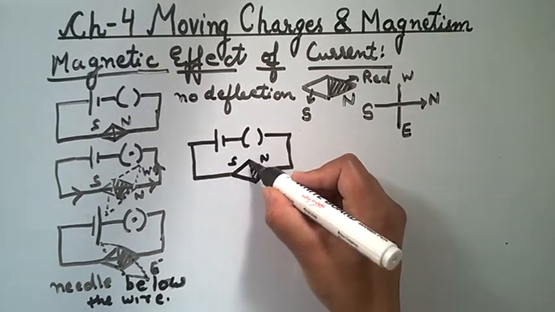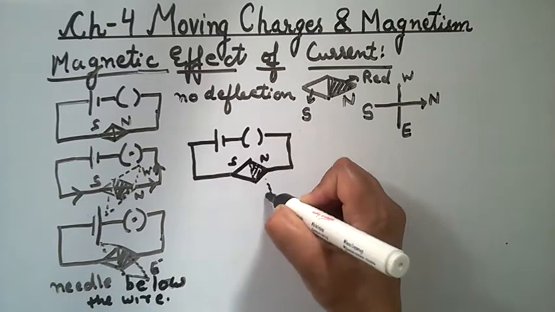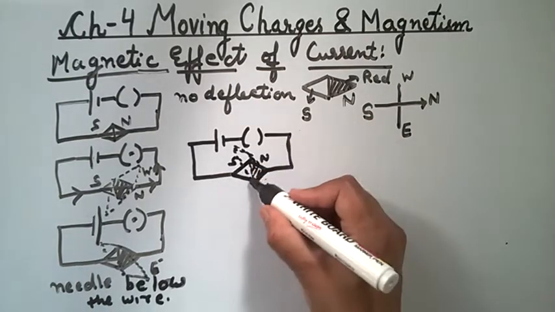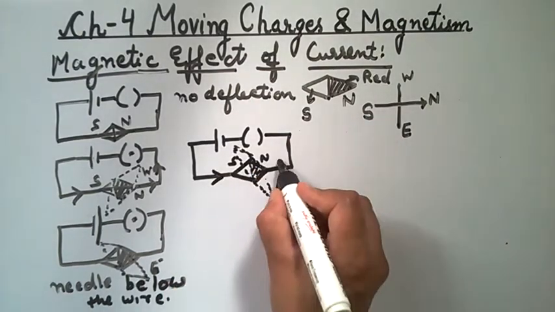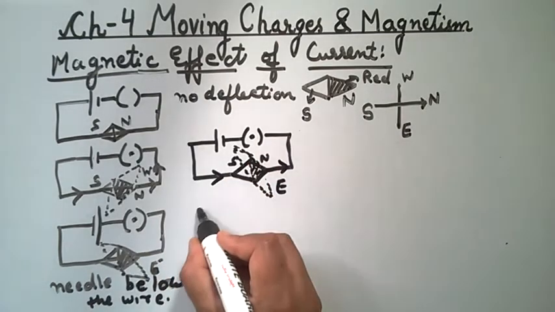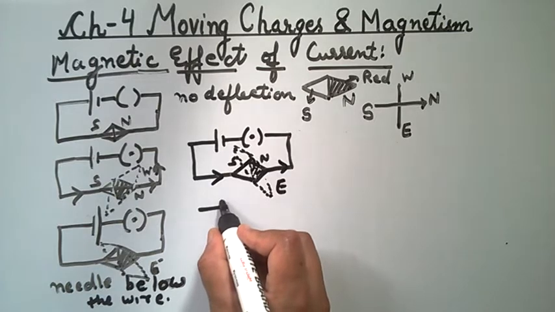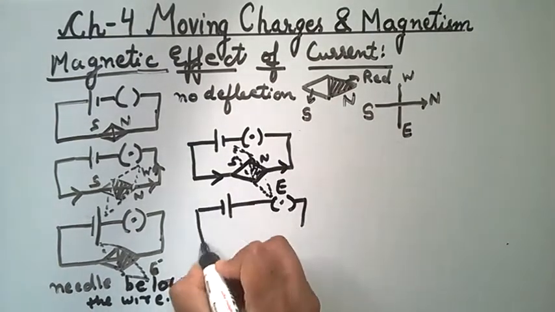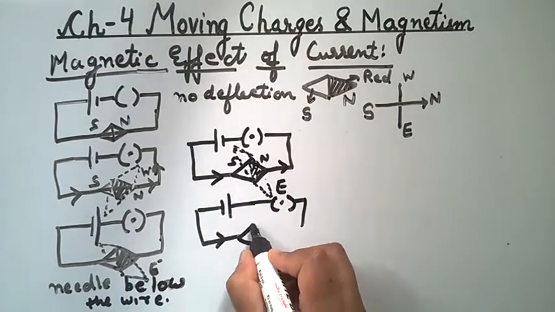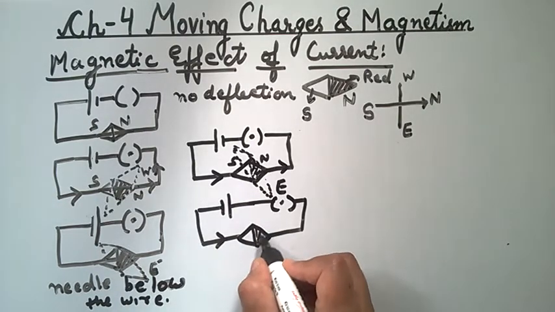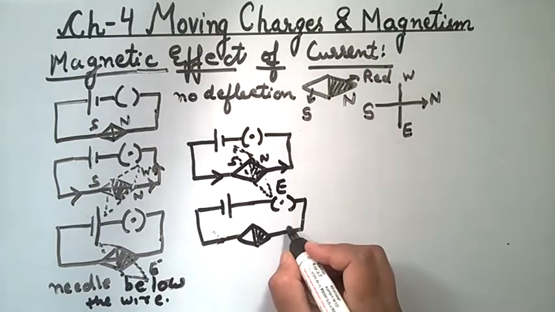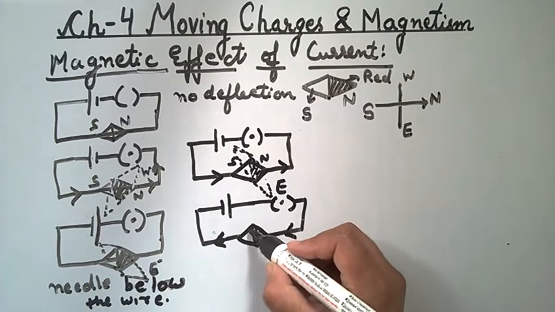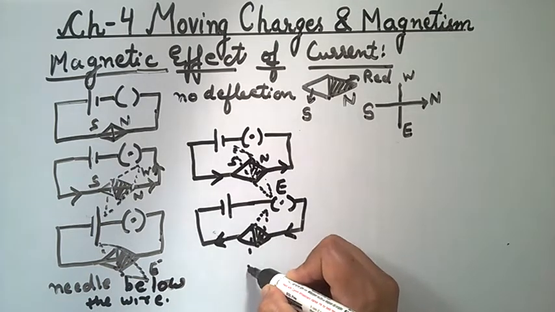Now the deflection is towards east when the current is passing from south to north, and when polarity changes, then the deflection will be towards west.